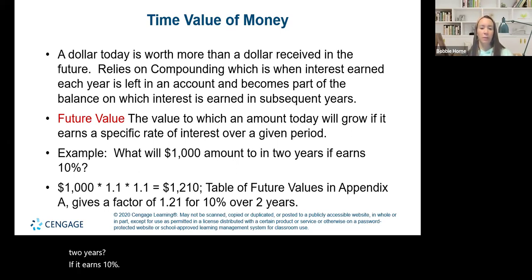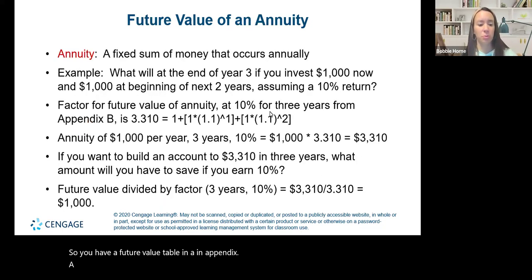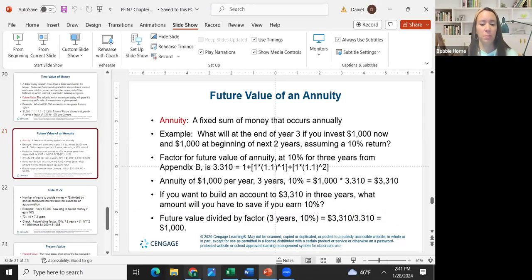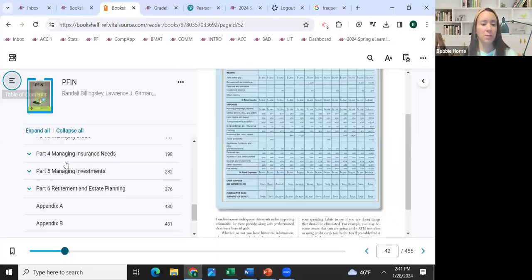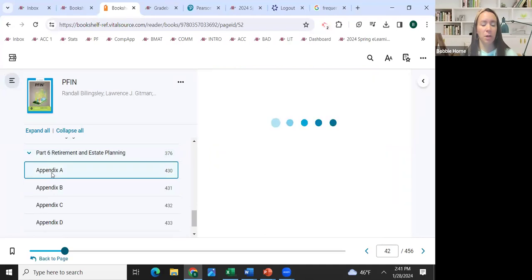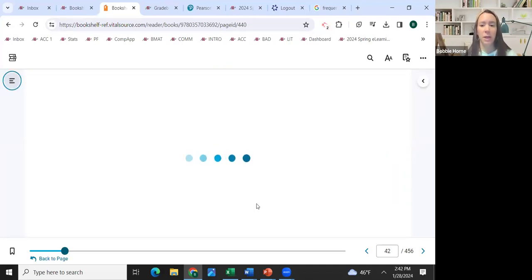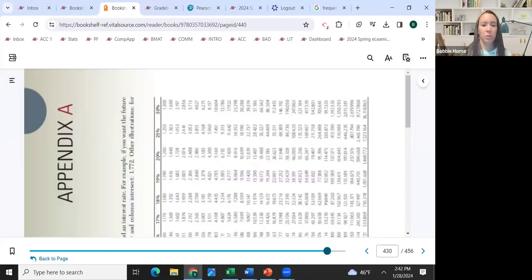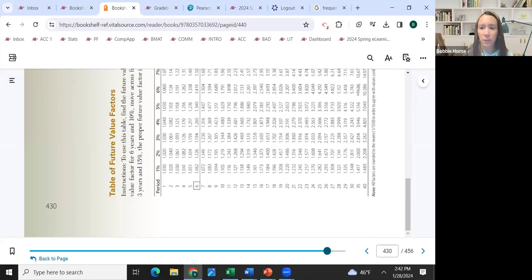So you have a future value table in Appendix A. I'll just show you real quick, if it'll let me, where you can find that. If you look in your textbook and go to Appendix A, there's going to be a table, and it's upside down.